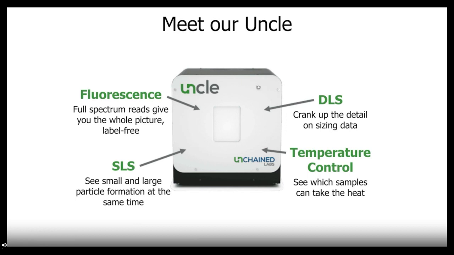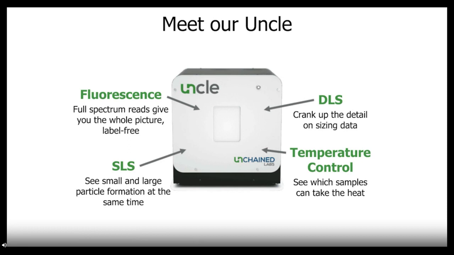Uncle can see the full spectrum for fluorescence to give you the option to look at protein intrinsic fluorescence, which evaluates usually tyrosine and tryptophan fluorescence, or use any of an arsenal of fluorescent dyes. Simultaneously with that fluorescence measurement, you can use static light scattering to monitor how the same sample aggregates. Uncle uses SLS at 2 wavelengths so you can track small and large particles at the same time.